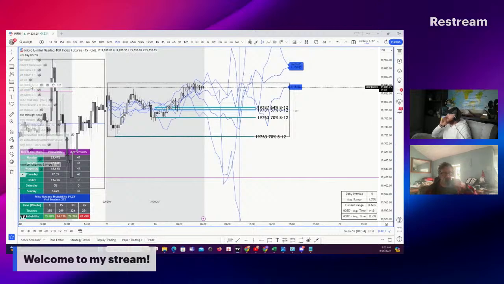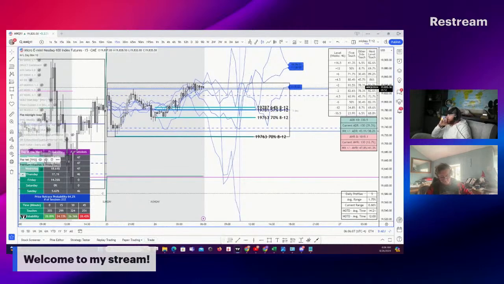Okay, real quick, I'm going to inject a new step that I'm testing, and I don't know if there's any relevancy behind this yet, but it's something that I'm currently testing. So using the opening range, or ICT calls it the new day opening gap.